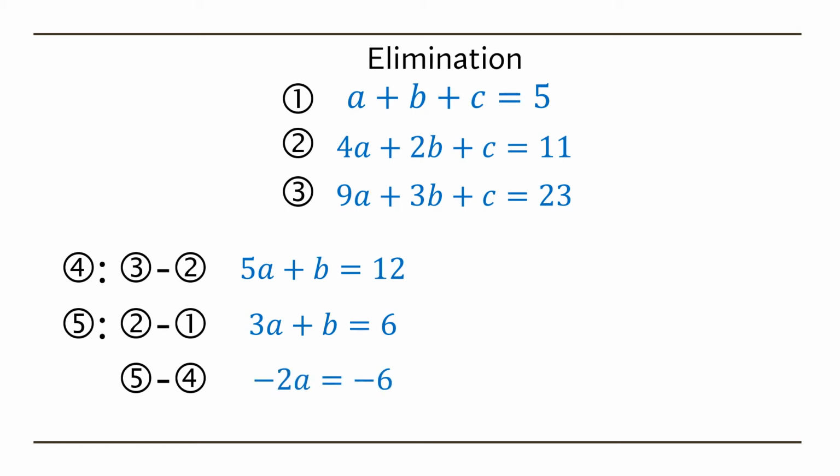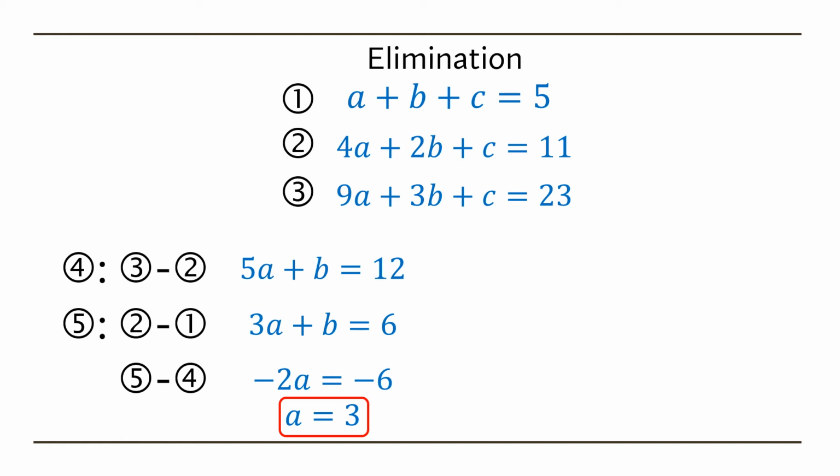So we write that down. And look at this. We have one variable, one equation. We can solve it. So in this case, we simply divide both sides by negative 2, and we get that a is equal to 3. So we've solved 1/3 of our problem in eliminating the b's and the c's.